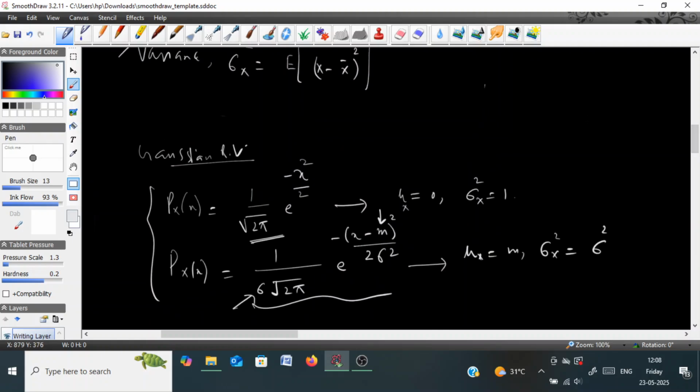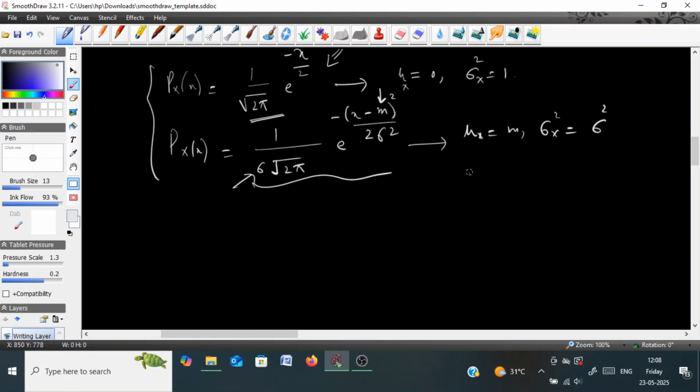Of course, it is a special case with a zero mean and a variance that is unity. And in general, if you plot the Gaussian PDF, suppose you have p x of x and x. If it is a zero mean and unity variance Gaussian random variable, then it is a bell curve like this, which has a mean of zero and a variance sigma square, which is 1. Okay, this is also called the normal distribution.